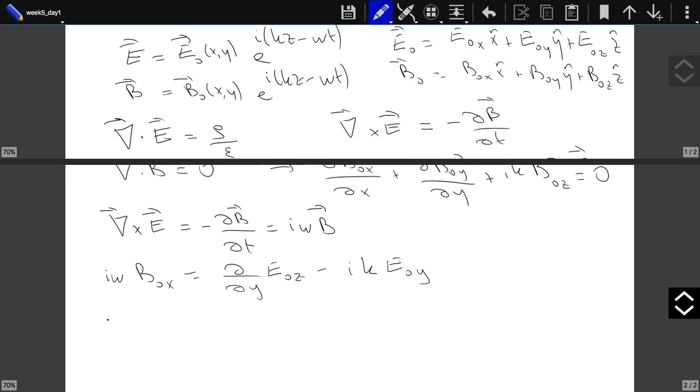Well, let's take the y component, i omega B0y. Well, the y component is minus the x derivative of E0z plus the z derivative of E0x, sorry. Well, again, the z derivative is just ik.